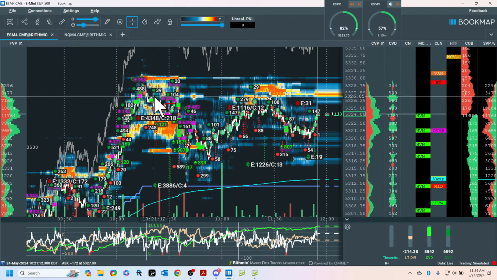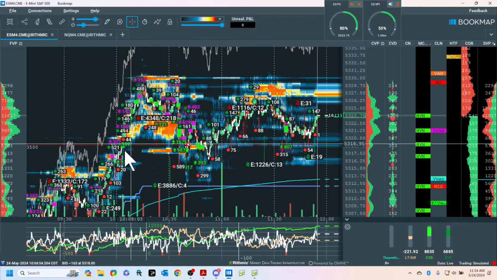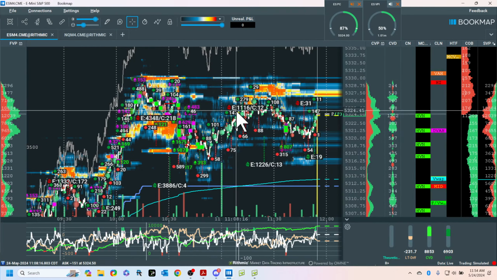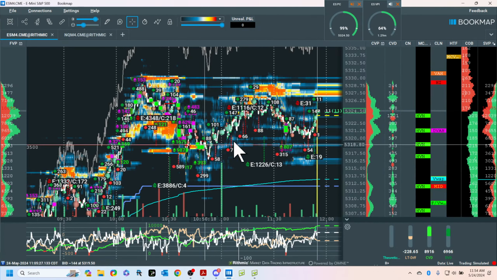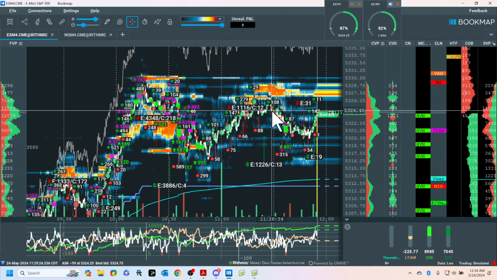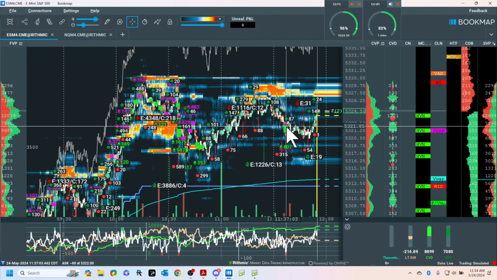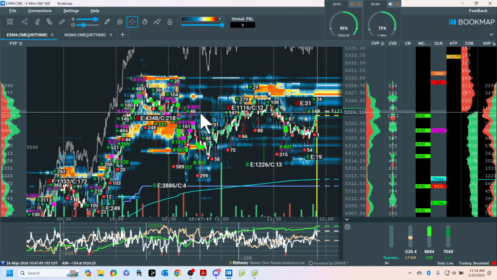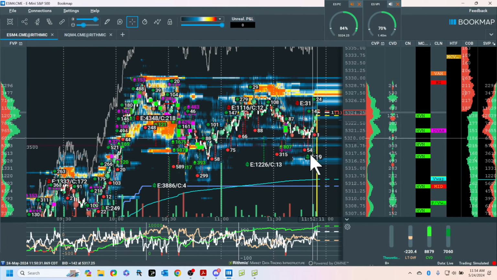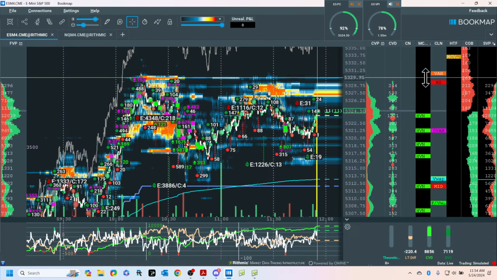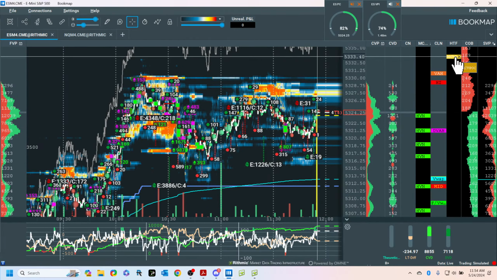If this is too high and this is too low, and now this is too low, and this is too high, and now this is too low, and this is too high, how do I get, oh, this is important, VPOC migration. This is saying now that more volume is sitting here than down below. So now if we push off from here, it sets this up, which is our target.